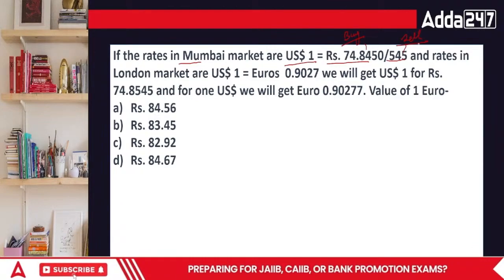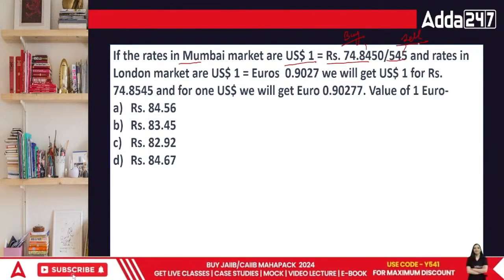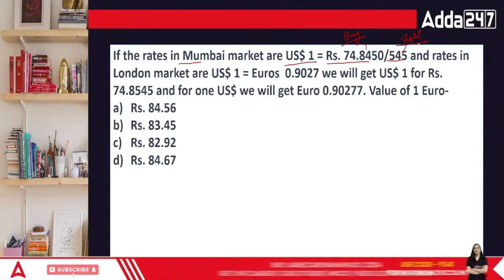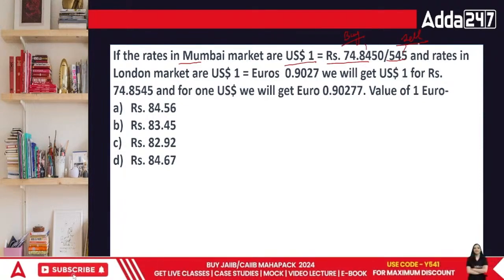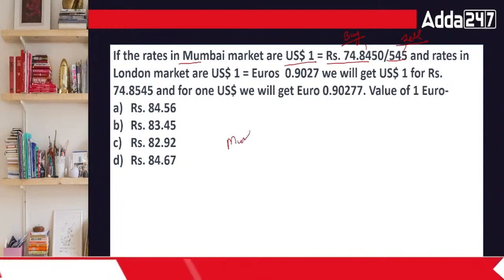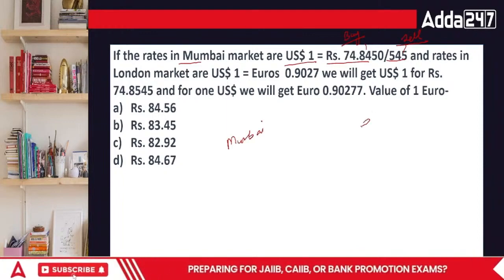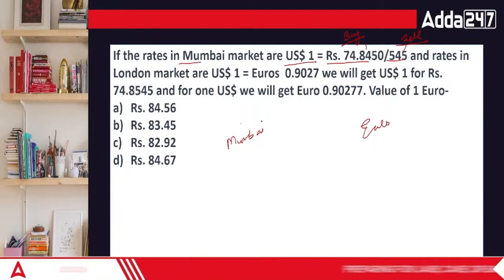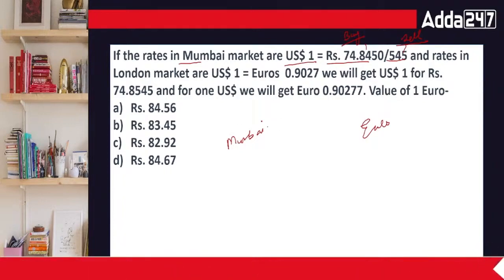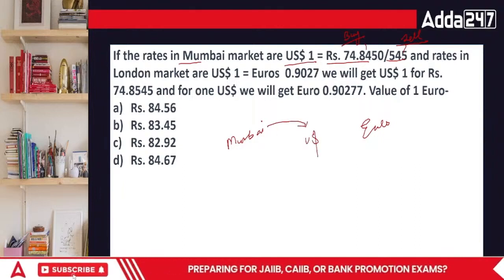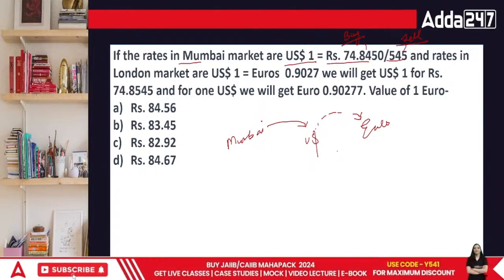If the buying rate of dollars per rupees is given, and the selling rate is also available, then the rates in the London market... Say I was in Mumbai and I wanted a few euros. So the person actually went from Mumbai to US dollars, and from US dollars to euro. Technically, this is what is happening.